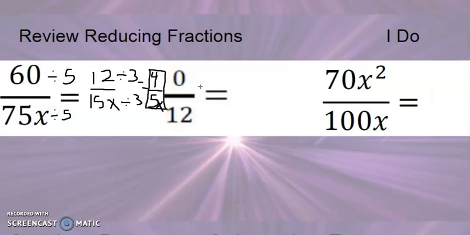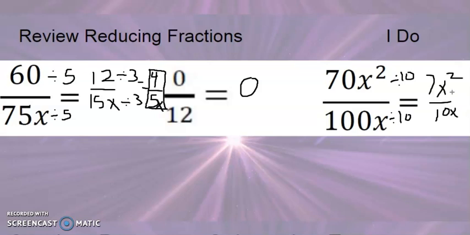The next one, we have 0 divided by 12. Well, 0 divided by a number besides 0 is 0. And then we have 70x squared divided by 100x. You divide both of these by 10. So we have 7x squared over 10x.